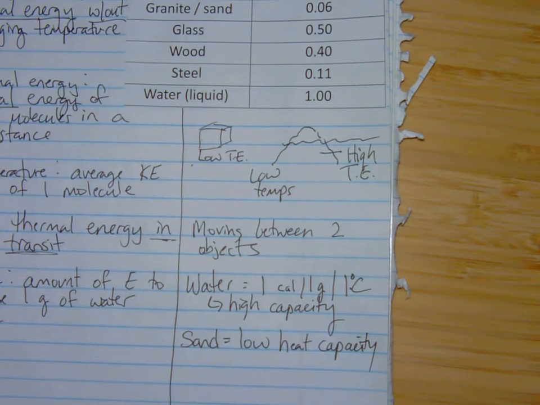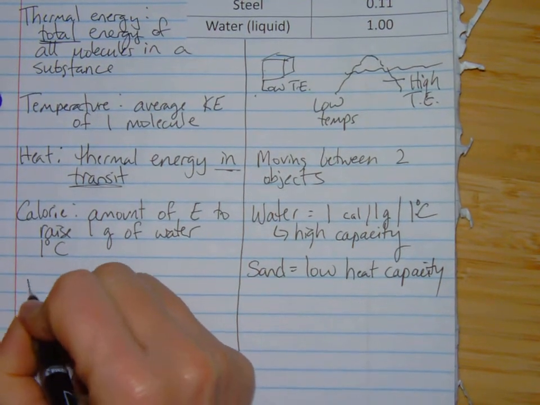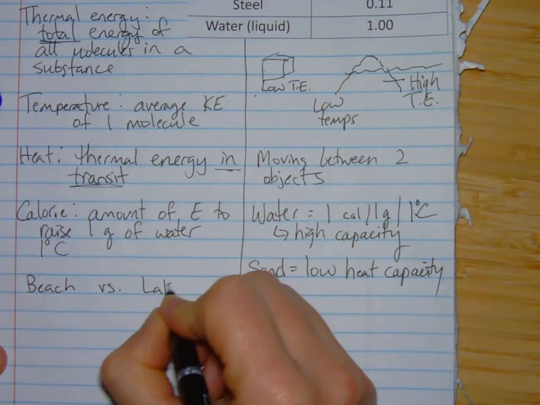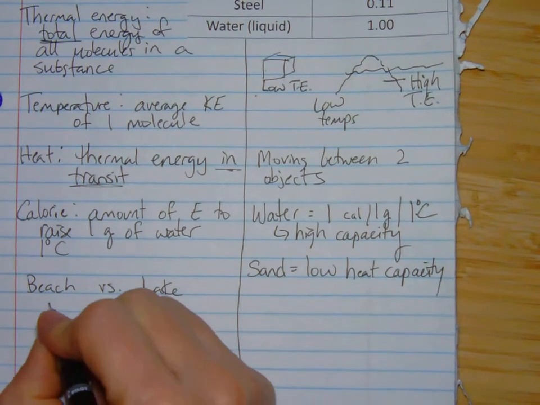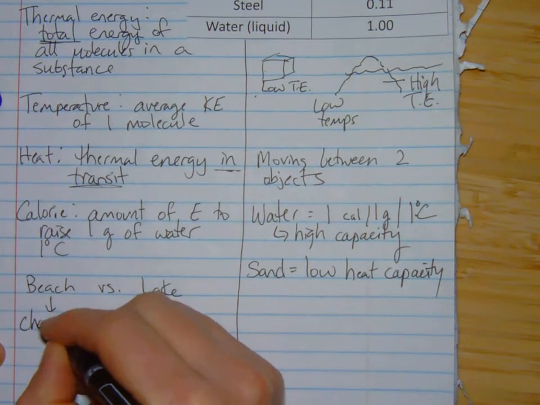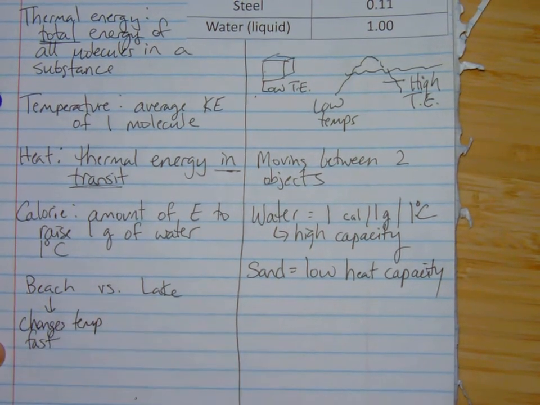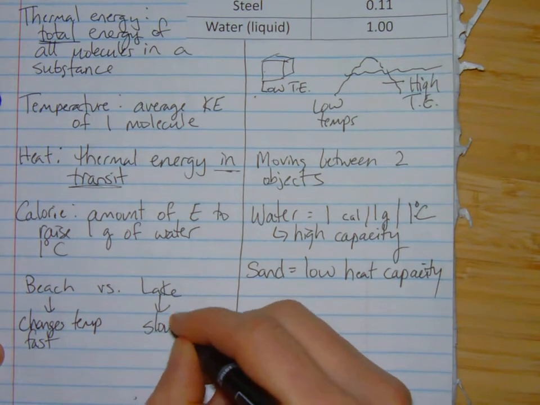All right, and that's why, as we've already mentioned, if you were in class, a beach, which we know is sand, versus an inland lake. I'm not talking Lake Superior that just never seems warm, but a beach, we know that when the sun comes up, it changes its temperature fast. Same thing as when the sun goes down, it cools fast. A lake is pretty slow.